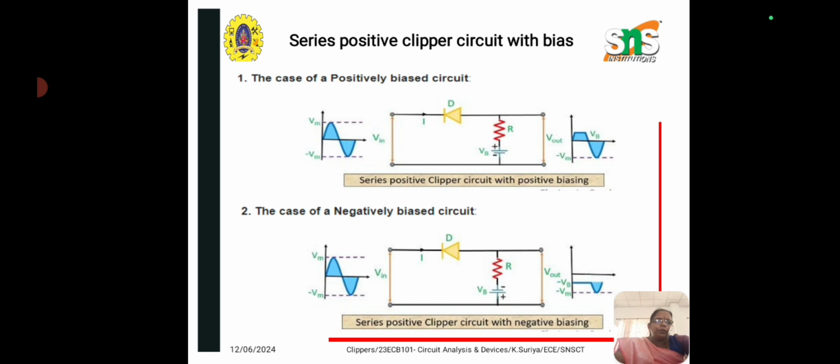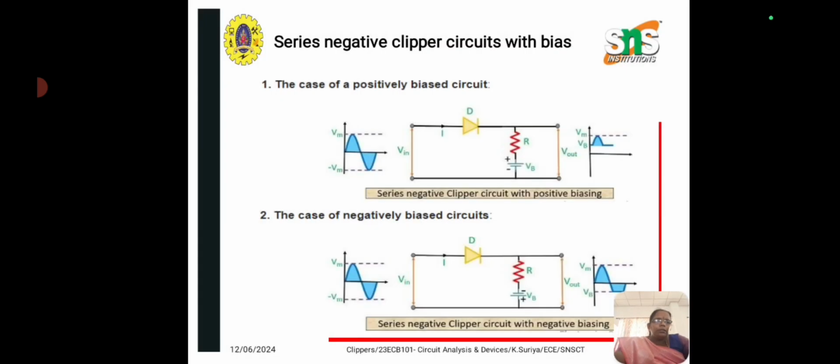Next one is the series negative clipper circuit with bias. Whenever there is a need to clip or remove a certain portion of the negative half of the input waveform, the series negative clipper circuit with biasing is needed. Here first we will see the positive bias circuit. In the positive half of the input waveform, the diode becomes forward biased.